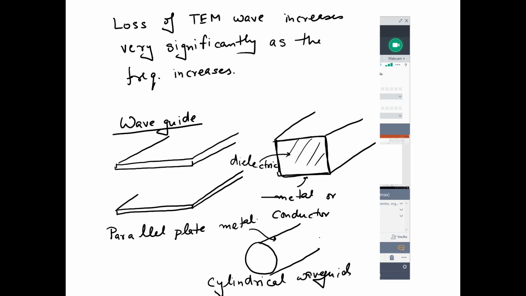So this is the plan for the next couple of weeks: to understand what happens to electromagnetic waves when I try to confine them within some metallic structure, within a small space bounded by the metallic structure. What kind of solutions exist? Before we start, any questions on the plan?